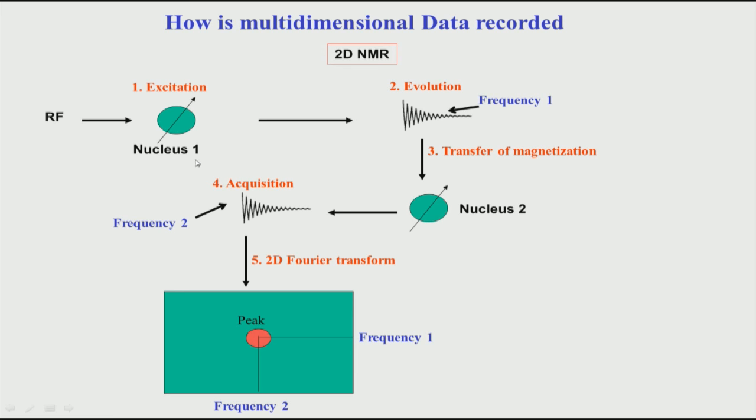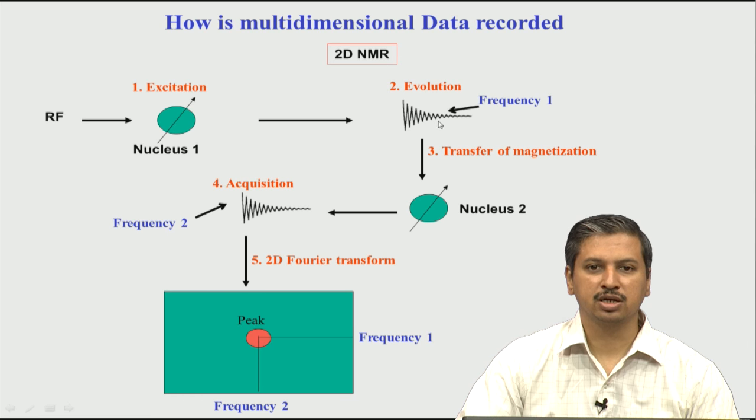So, now if nucleus 1 has frequency 1 and nucleus 2 has frequency 2, because of this joint FID kind of detection, if you do a Fourier transform, frequency 2 comes here like a 1D, frequency 1 is also 1D, but together they will give a cross peak at this position, which corresponds to frequency 1 here and frequency 2 here.